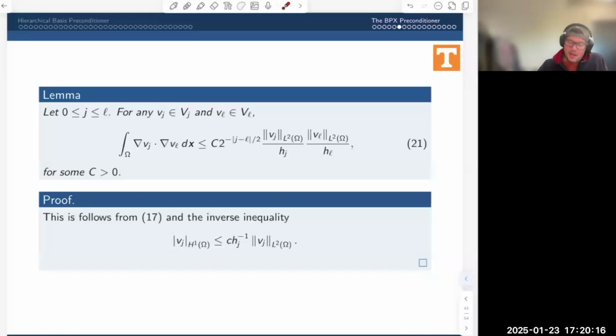But in any case, this one is not too difficult to prove from that strengthened Cauchy-Schwarz inequality of 17. So we're going to skip that. What this does in strengthening it, quote unquote, is that it measures the difference that we're going to get between these that's accrued by having these differences in these levels J and L.